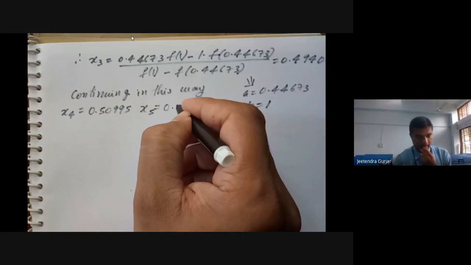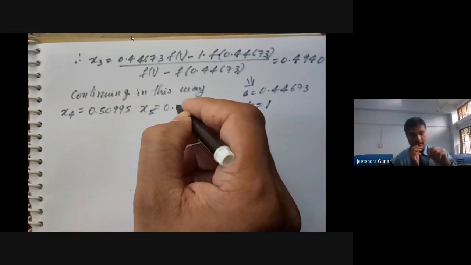Find f of A and f of B. We have already seen f of x. What is the value of f of x? f of x is nothing but cos x minus x e raised to x. Substitute the x value. What is x? x is 0.49407. Substitute cos 0.49407 minus bracket 0.49407 into e raised to 0.49407 to find f of 0.49407.